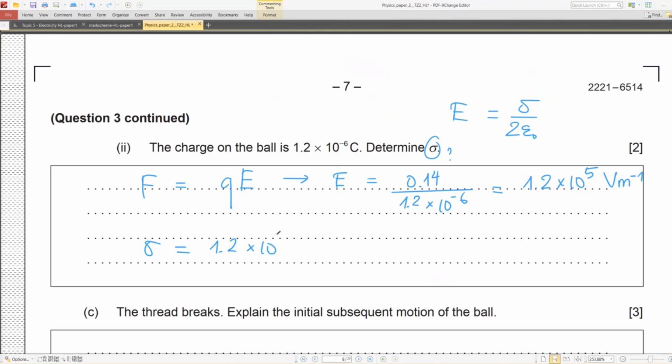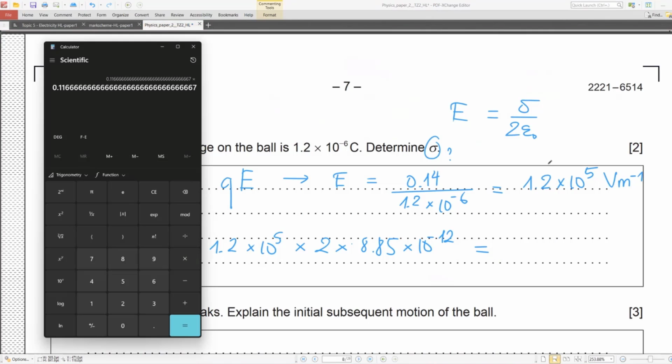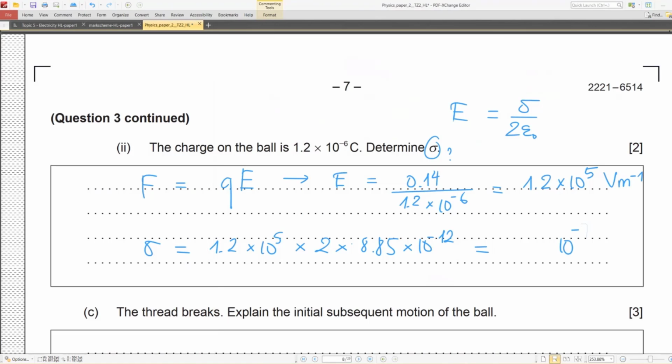That is 1.2 times 10 to the 5 times 2 times 8.85 times 10 to the negative 12. This gives 2.1 times 10 to the negative 6, 2.0 times 10 to the negative 7 coulombs per meter squared.